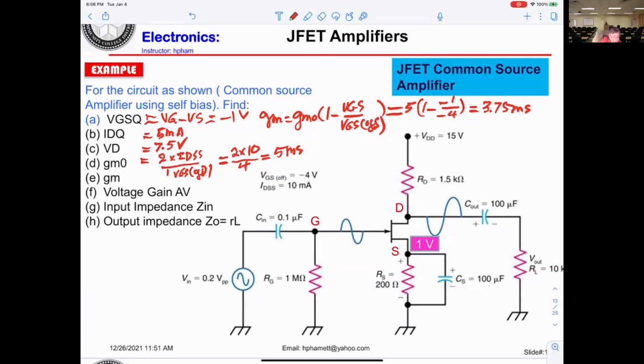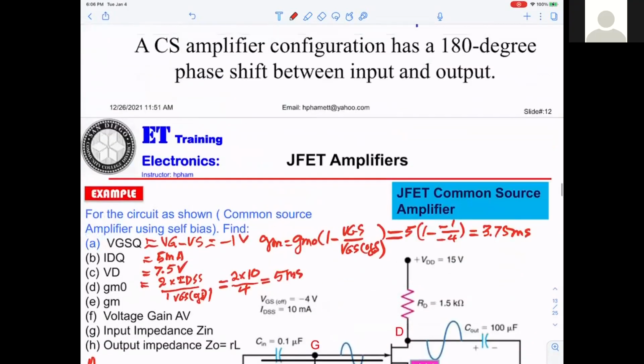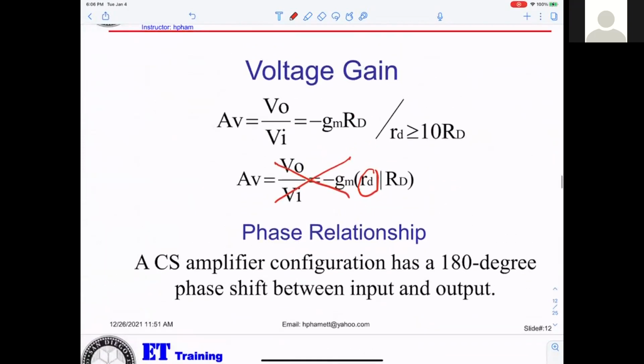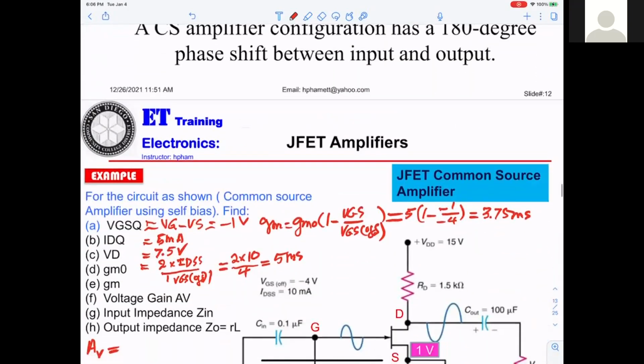Okay, AV gain. What's the formula for the gain? It'll be the GM times the RD.